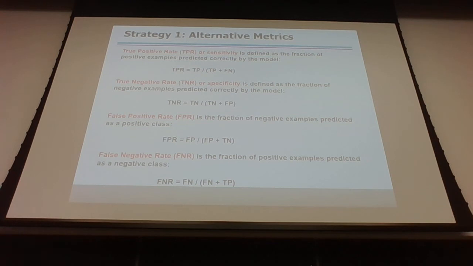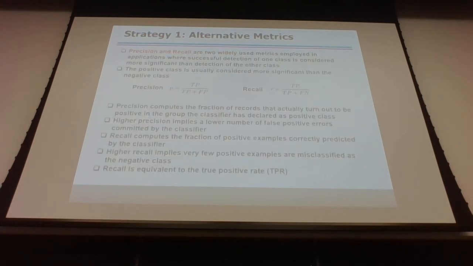First of all you define rates: true positive rate, true negative rate, false positive rate, false negative rate. How do you define them? Just true positive divided by true positive plus false negative, just a rate. You define rates and then use those rates to define these metrics, precision and recall. Precision is true positive divided by true positive plus false positive.